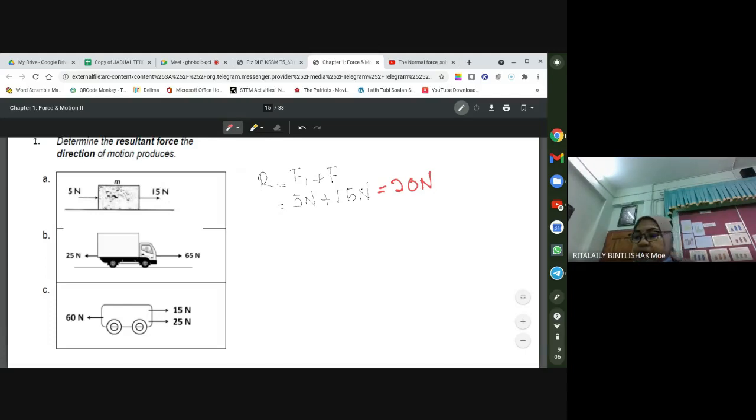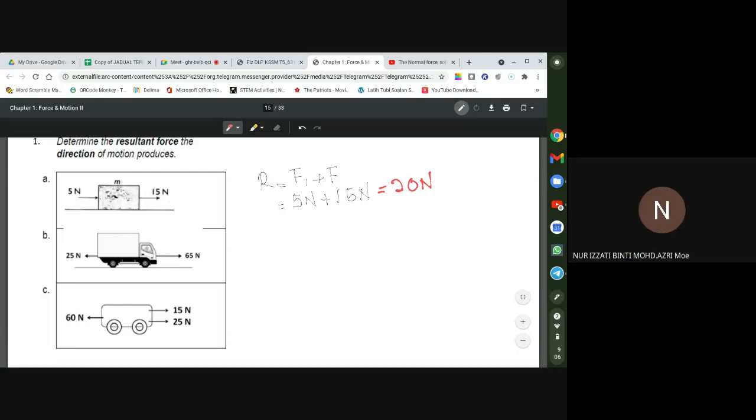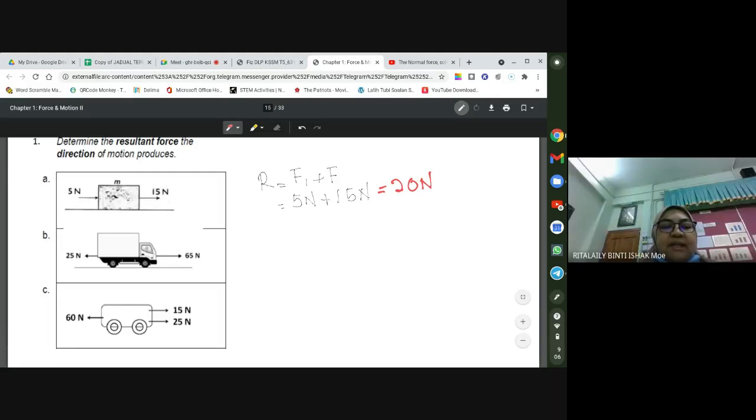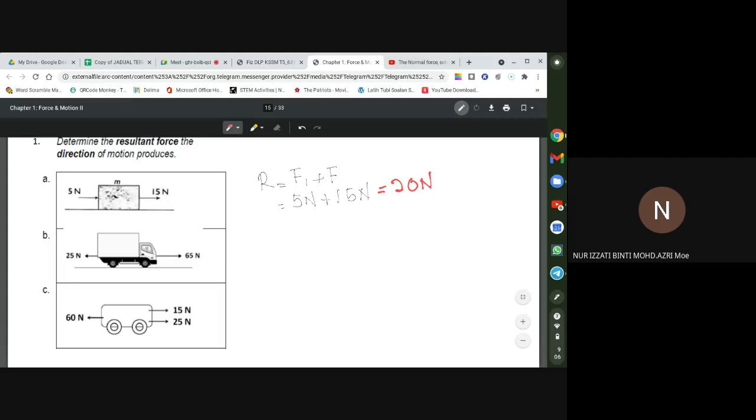Okay, so now what about 1B? Izati, what is the resultant force for 1B? 40 Newton. Okay, why do you get 40 Newton? 65 plus negative 25.